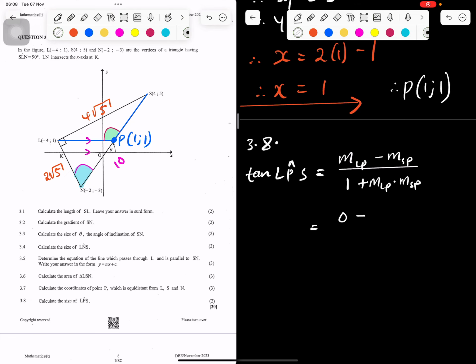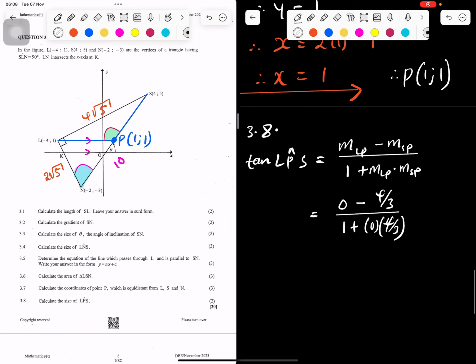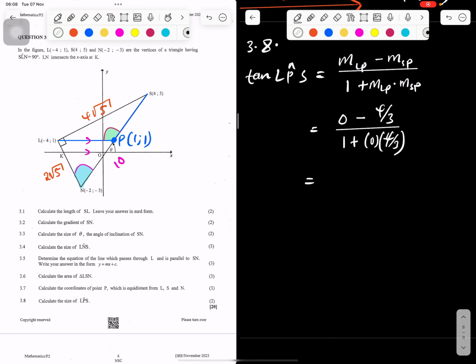So that is 4/3, divided by 1 multiplied by 0 times 4/3. So you will see that this is going to be negative 4/3.